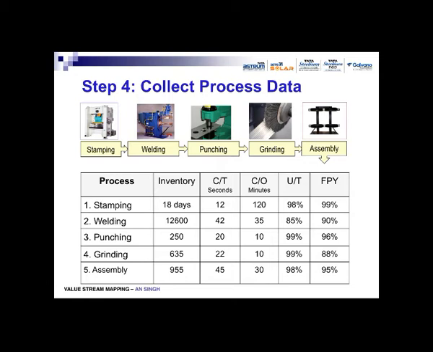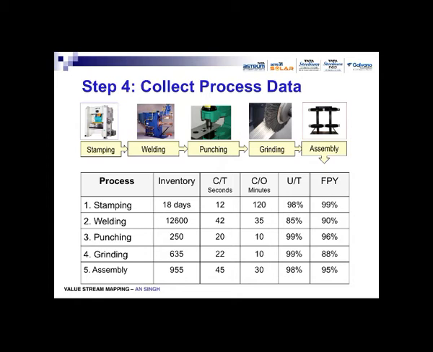In stamping, there is inventory of 18 days. Welding unit 12,600, punching 250, grinding 635, assembly 955. You see a lot of variation in the inventory at various stages. Why is this happening? Because of the change in the production rate, which is calculated from the cycle time.